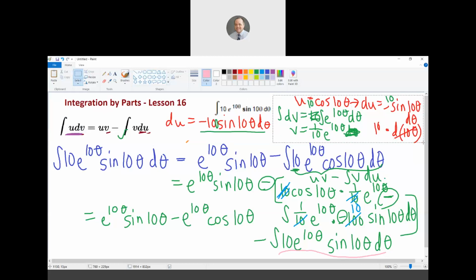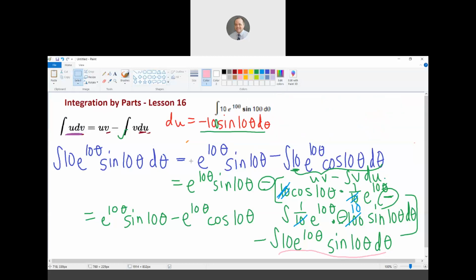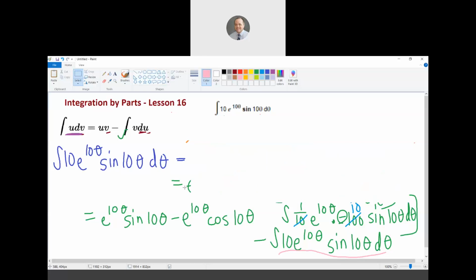Let me make some room here. Okay, this last step is our current step, so I can erase the rest of it. We've already simplified and multiplied everything we need to do.